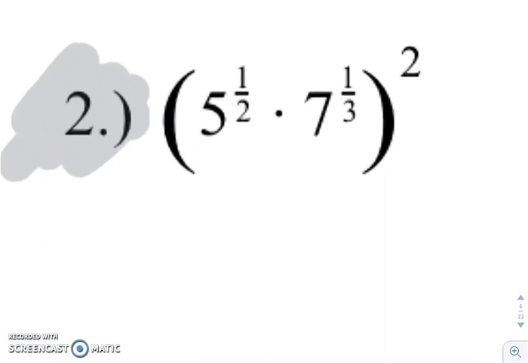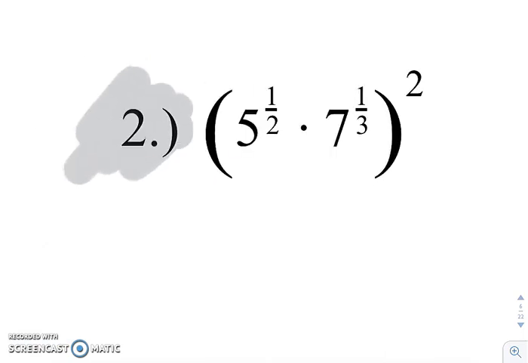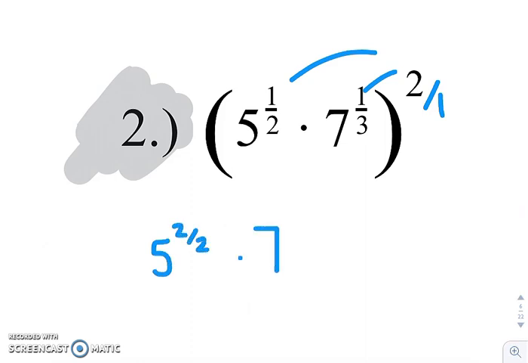So for 2, if we've got a power on the outside, we're going to distribute that in. Just because we're working with fractions, I'm going to make the 2 a fraction by putting it over 1. And then we multiply it in. We multiply fractions by doing numerators with numerators and denominators with denominators. So 2 over 1 times 1/2 is going to be 5 to the 2/2 times 7 to the 2/3.